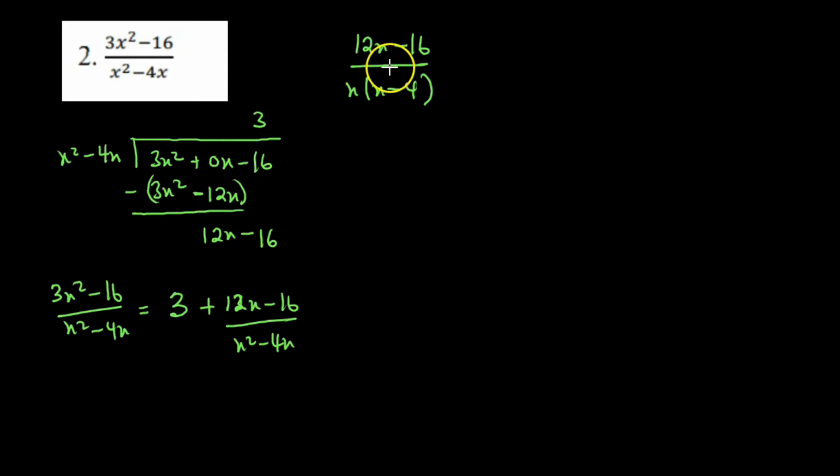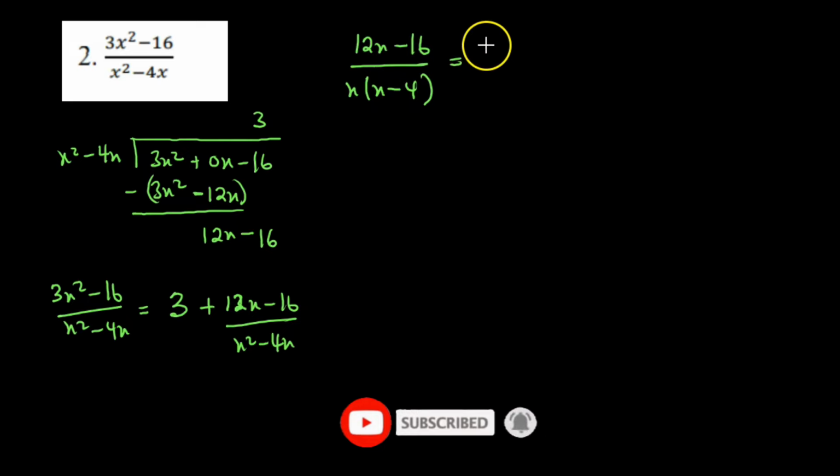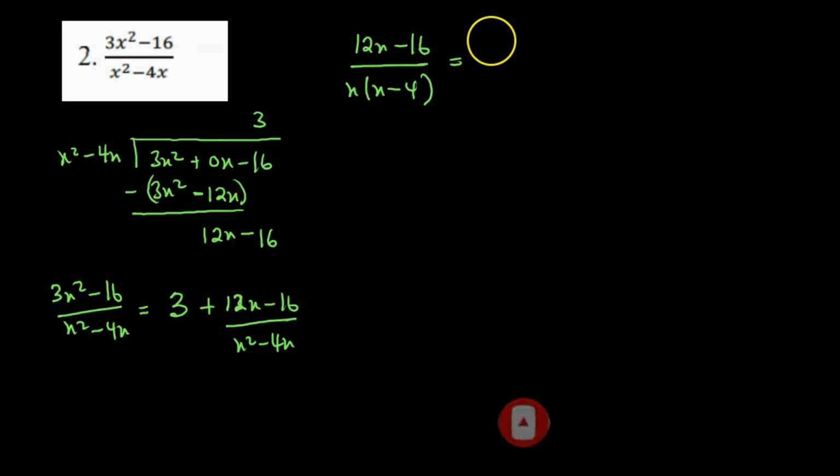Looking at it carefully, I was thinking there was another factor for the numerator, but it can't be. So we just have to write the partial fraction for x, which will give me a on x, plus the other factor as b on x minus 4.